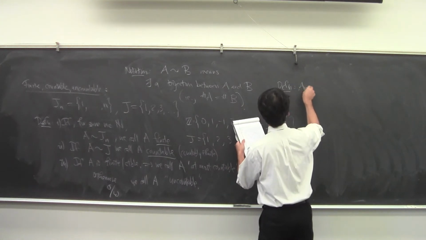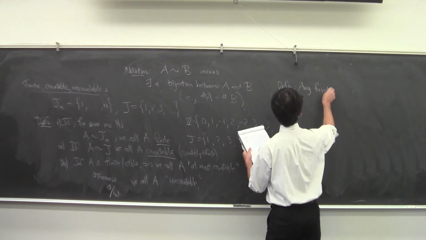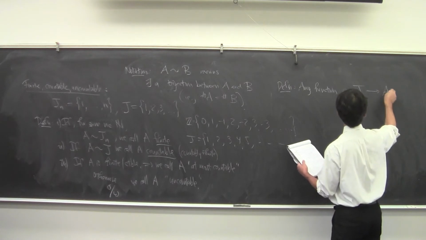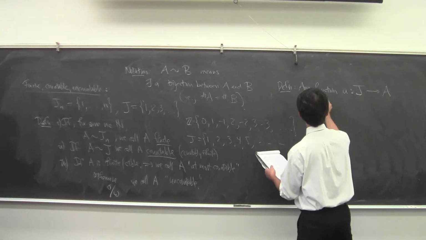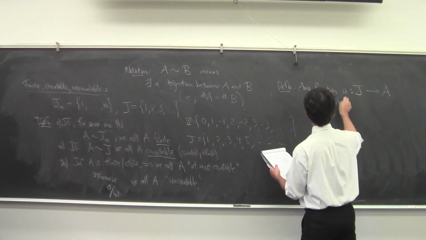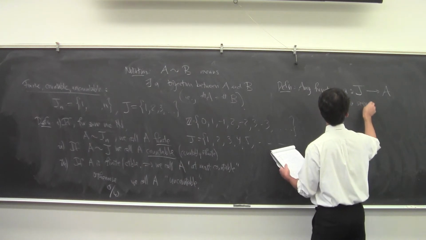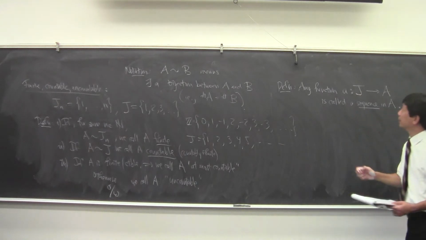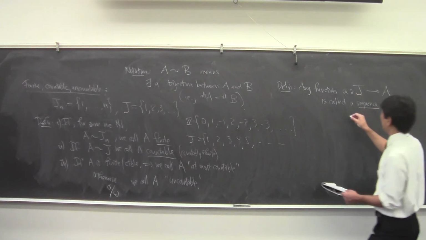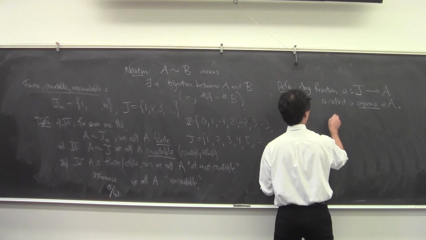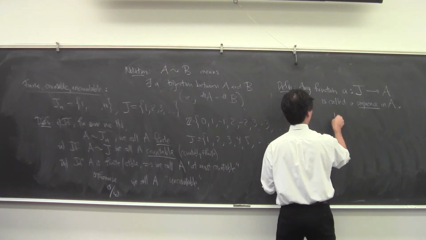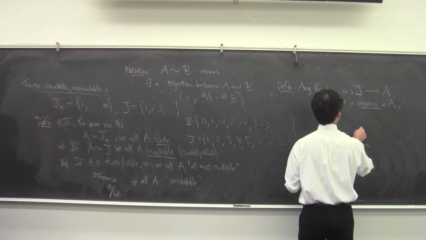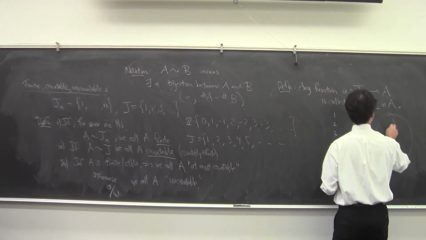So any function from J into a set A is called a sequence in A. J we call it 1, 2, 3, 4, 5, and so on, and you have some function from J into a set.